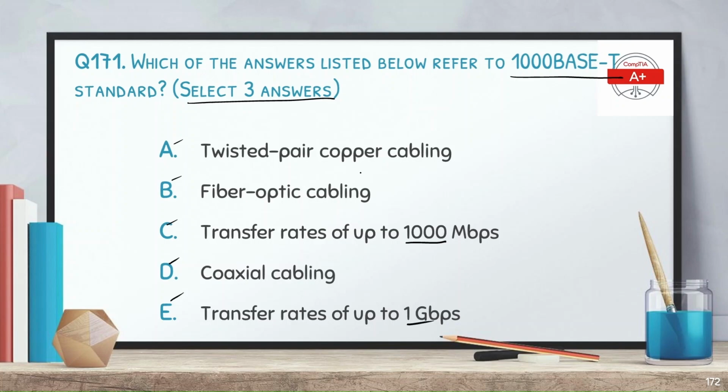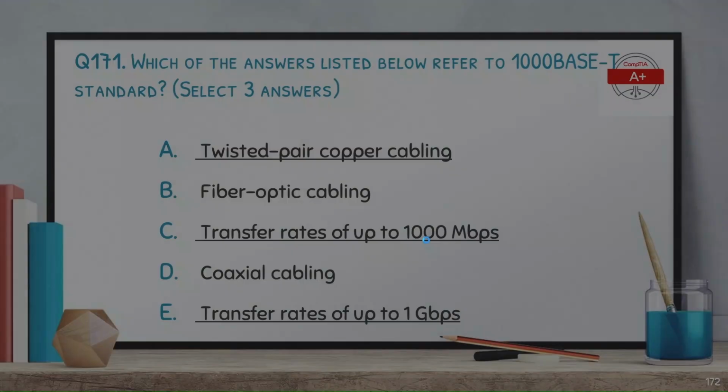And the correct options are that this standard refers to twisted pair copper cabling, and it has a transfer rate of up to 1000 Mbps, and 1000 Mbps can also be written as 1 Gbps. So these both are the same data rates.